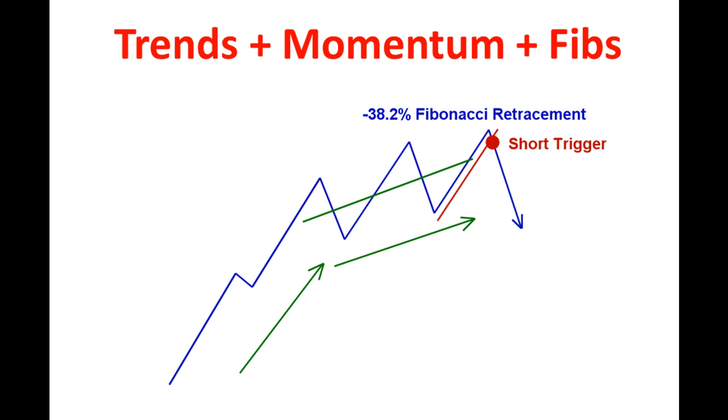There are going to be exceptions to this. Sometimes you're going to find it coming into the 61.8%, for example, but that increases the risk on the trade. It makes it less likely that you're going to see as strong of a reversal, and it could just pause and lead into a longer correction. There are exceptions though, so keep that in mind. But those Fibonacci retracement points are incredibly important in your timing.